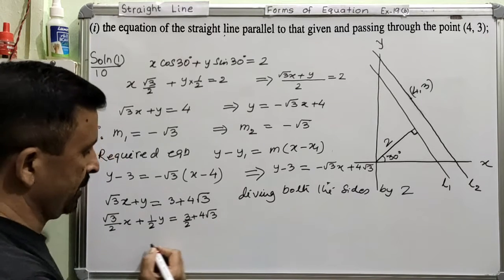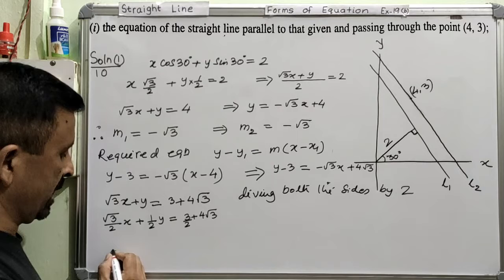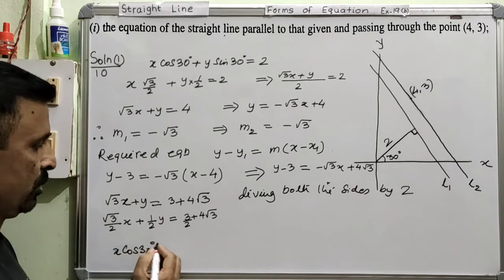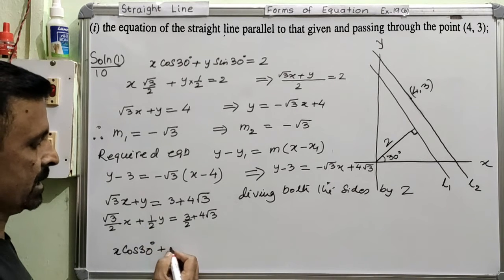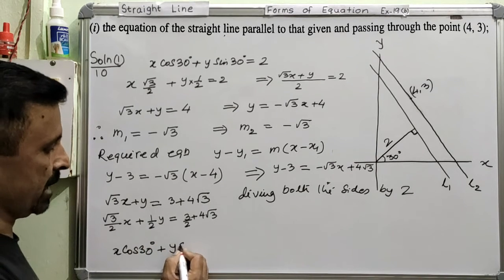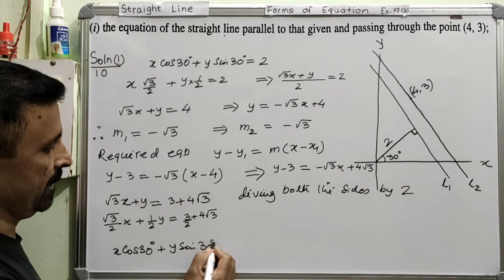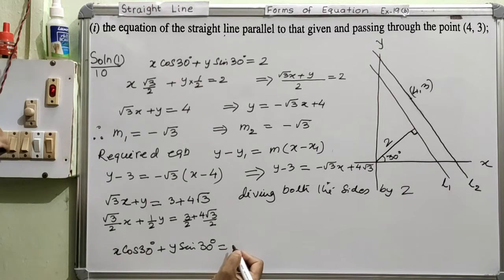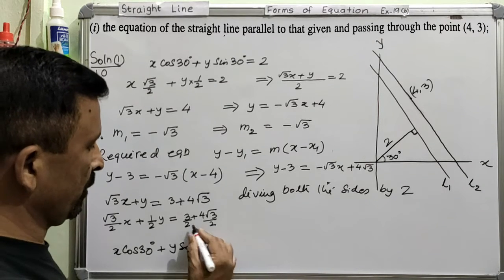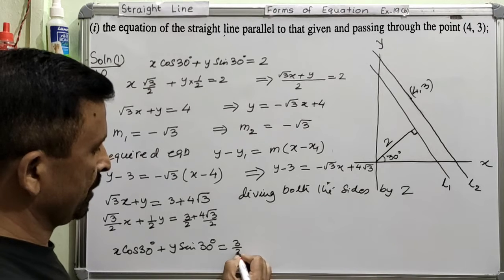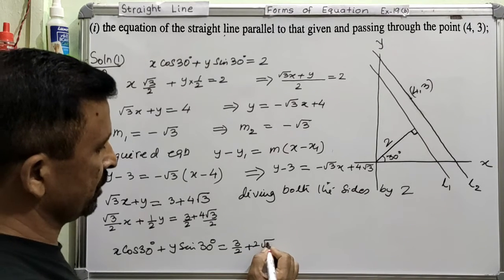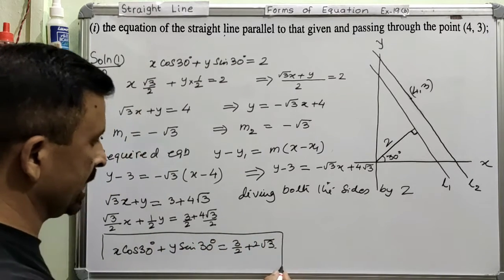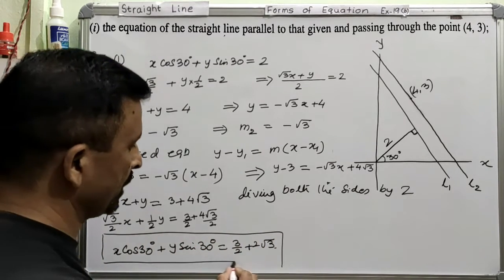So we can write here this as x cos 30 degree, the value is equal to root 3 over 2, and then y sin 30 degree is equal to 3 over 2 plus 2 root 3. So this becomes your final equation of your straight line in the perpendicular form.